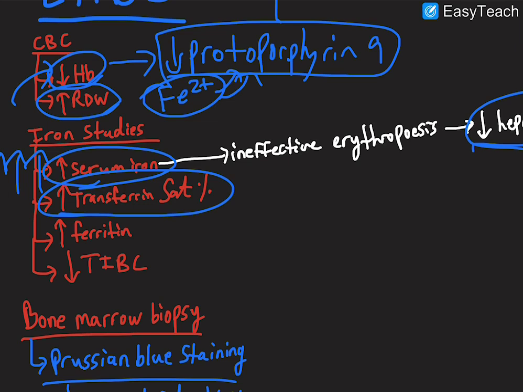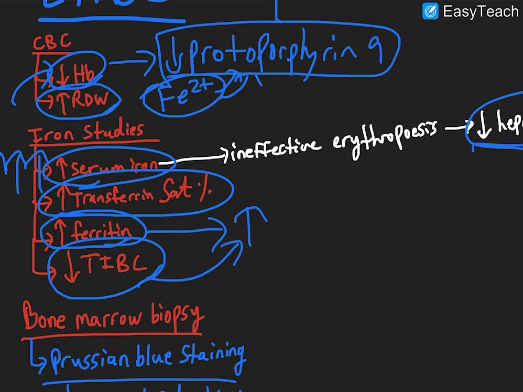Therefore, your ferritin levels, which is the storage form of iron, are also elevated. And if your storage iron is elevated, you don't want transferrin bringing more iron to your cells, because you already have a high stored amount of iron. So it makes sense that your TIBC, which indirectly measures transferrin levels, would be low.